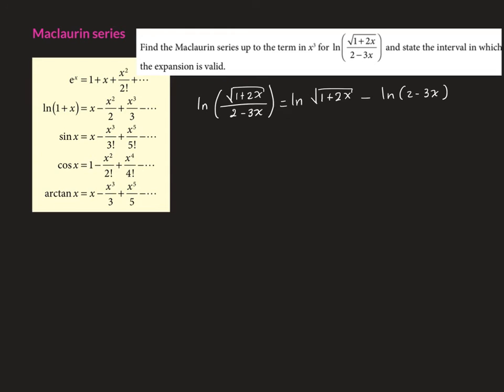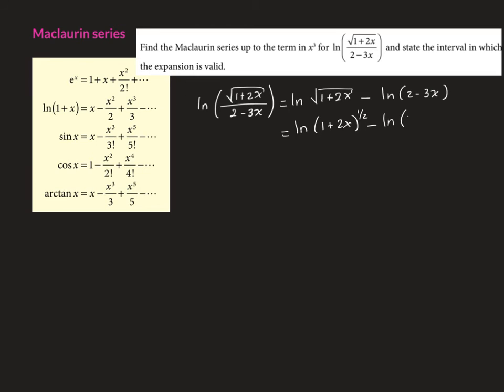Now I want to go ahead and write the square root as a power. So this would be 1 plus 2x to the power of 1/2, and then this would be ln of, and I want to write this in a way that I will be able to relate it to the original expansion.